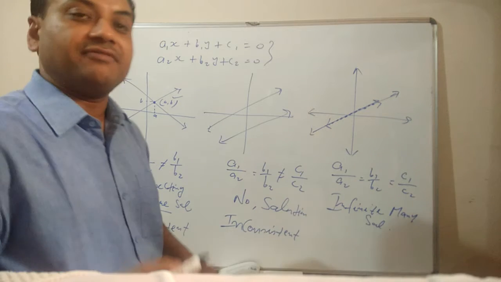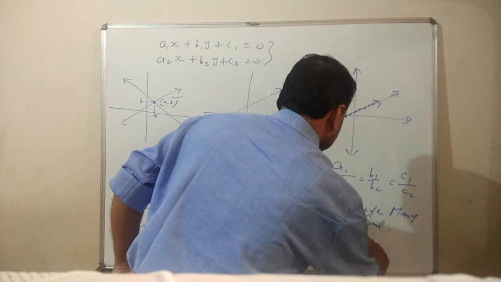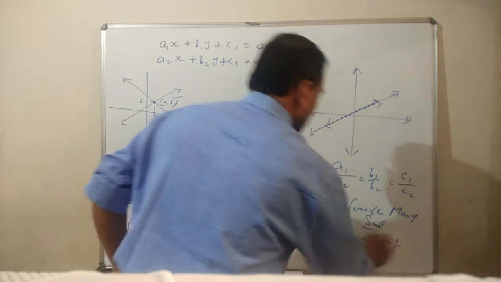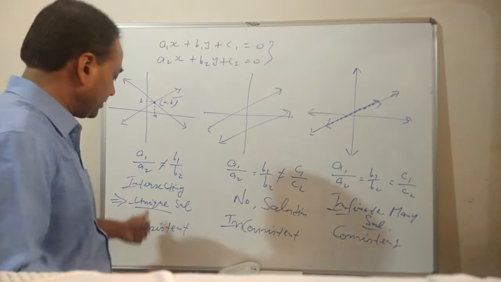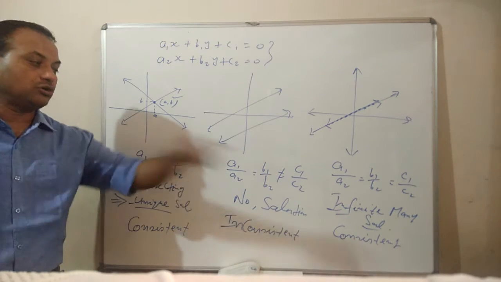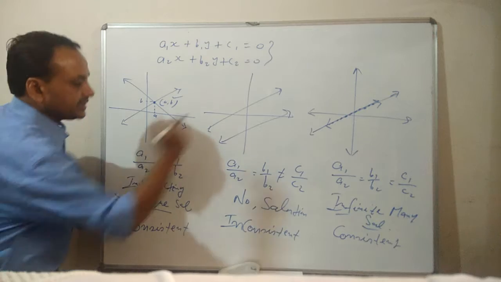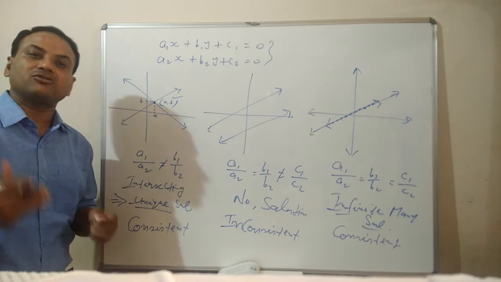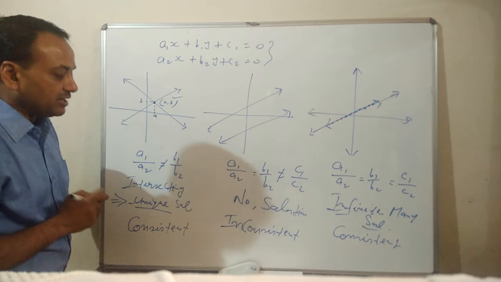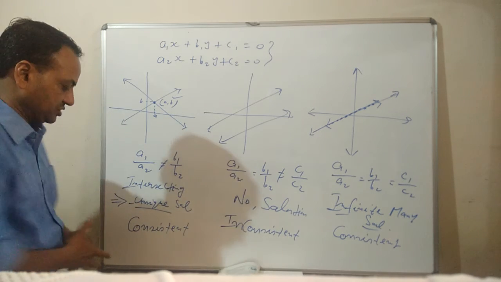Here we are getting infinitely many solutions, so again we say these lines are consistent. Here we are getting infinite solutions, but at least we are getting solutions. So wherever a solution is there, whether unique or infinite, we say the lines are consistent. So in the first case or last case, the pair of lines is called consistent because a solution is there. But in the middle case, when no solution is there, we say the lines are inconsistent. Okay.